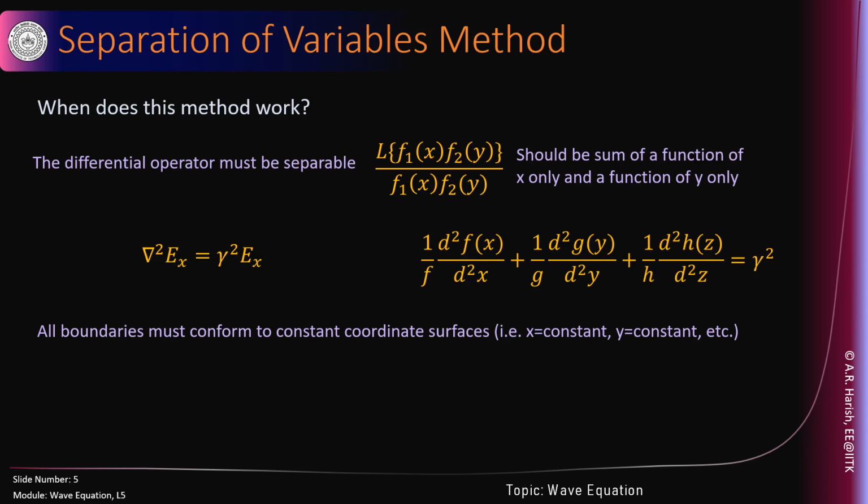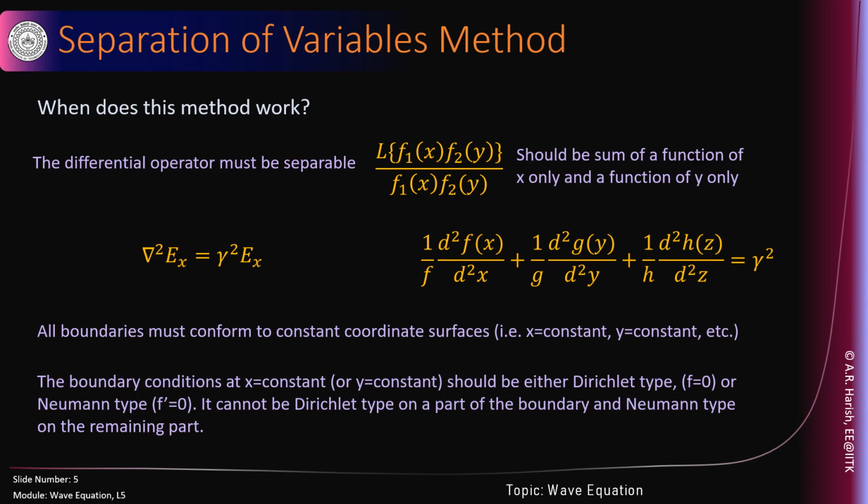Now I am going to introduce a third condition and also a new language. The boundary conditions at x equal to constant, y equal to constant, or z equal to constant should be either Dirichlet type, which means the function should go to 0, or Neumann type, that is, the derivative of the function should go to 0.